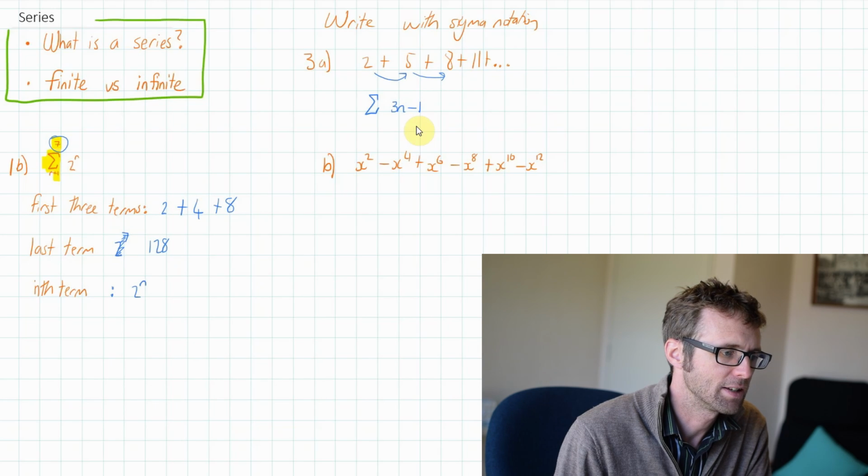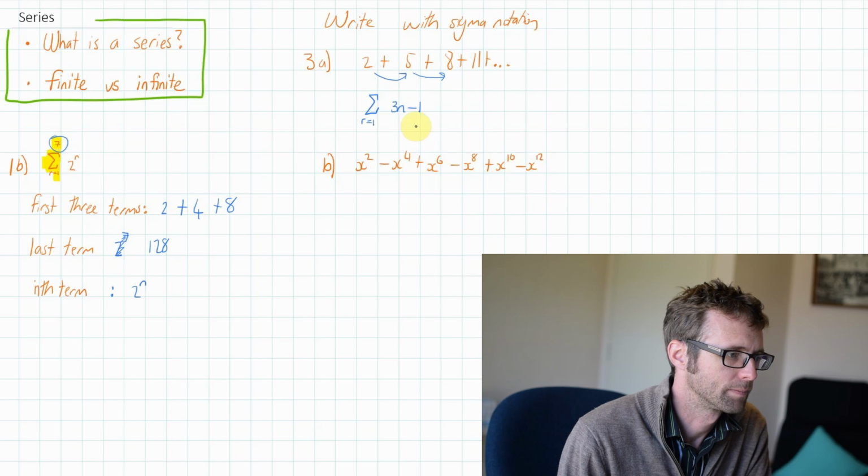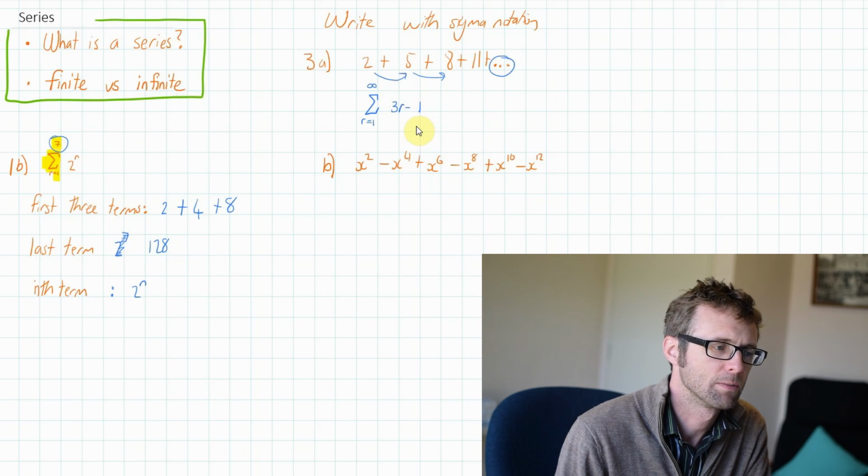We are starting at r equals 1. So it'll be 3r. And you see how we've got these dots here? That means we're doing this series to infinity. So this is an infinite series.